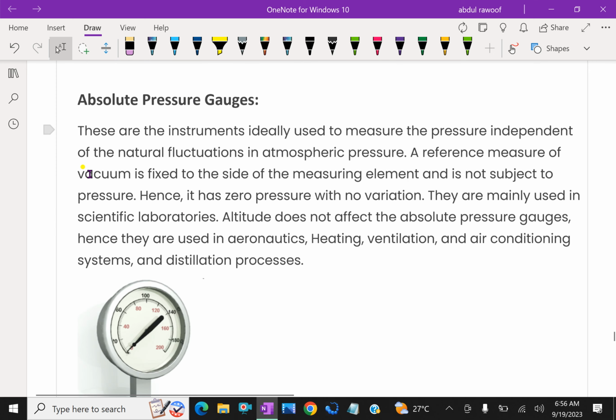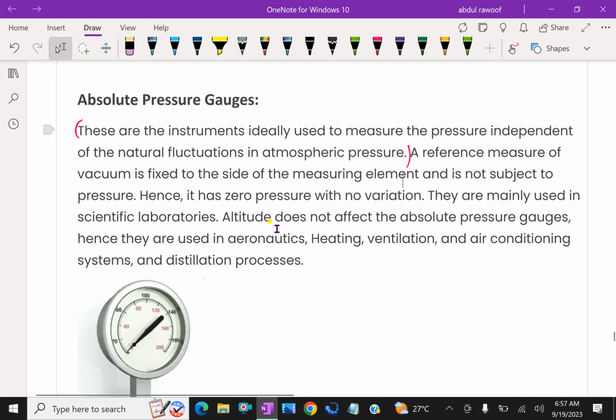Absolute pressure gauge. These are instruments ideally used to measure the pressure independent of the natural fluctuation in atmospheric pressure. They are mainly used in scientific laboratories.